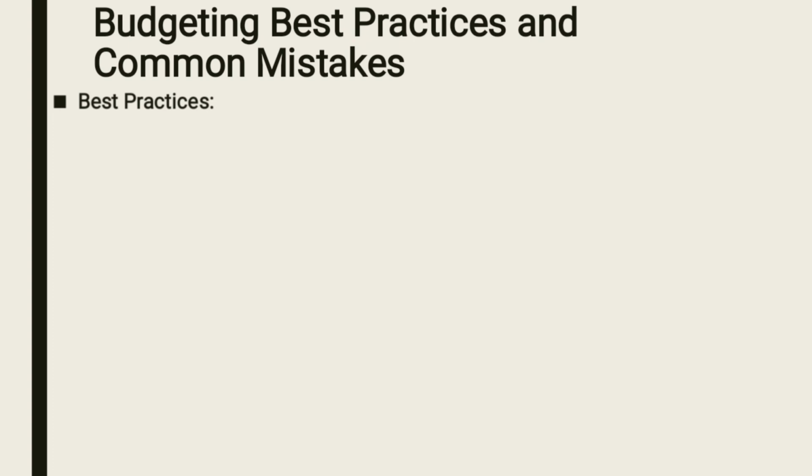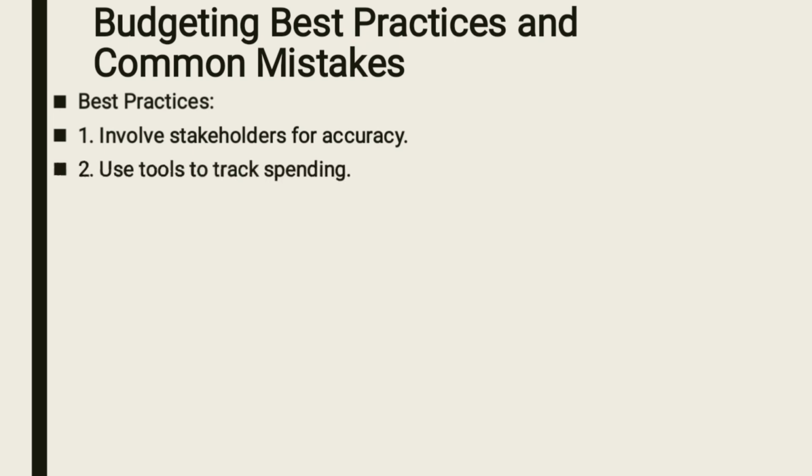Best practices as well as common mistakes in budgeting. If we're talking of best practices, you should involve all the stakeholders so that your budget is accurate. Use tracking tools when you are spending your budget, like Trello and Microsoft Project. Review your budget regularly and make updates or changes if needed.